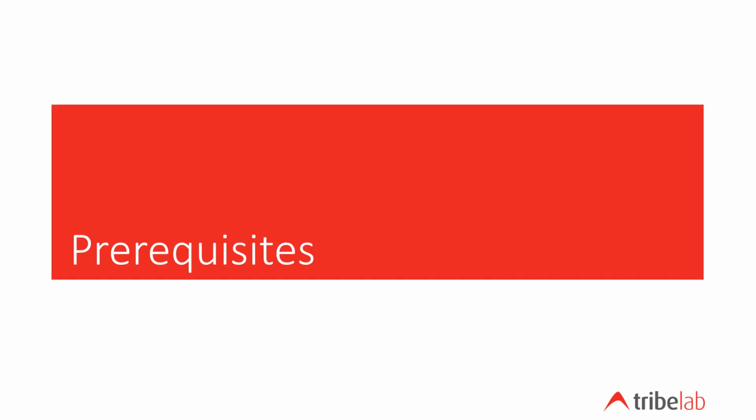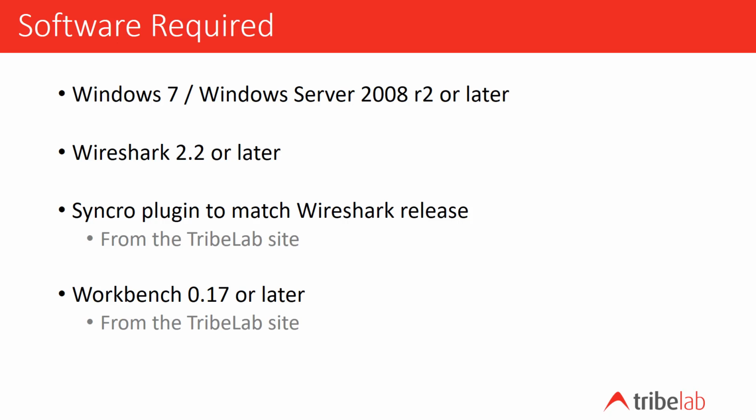So what do we need? Well, we need Windows 7 or 2008 R2 server or later, and we need Wireshark 2 or later. We then need two pieces from the TribeLab site. We need a Syncro plugin, which is just a small DLL that we use with Wireshark, and we also need Workbench, which is available from the TribeLab site.